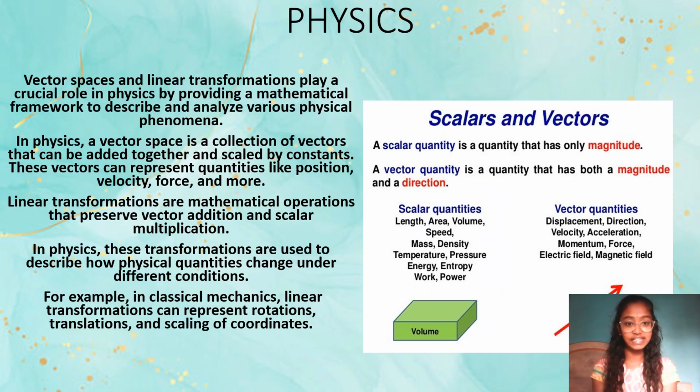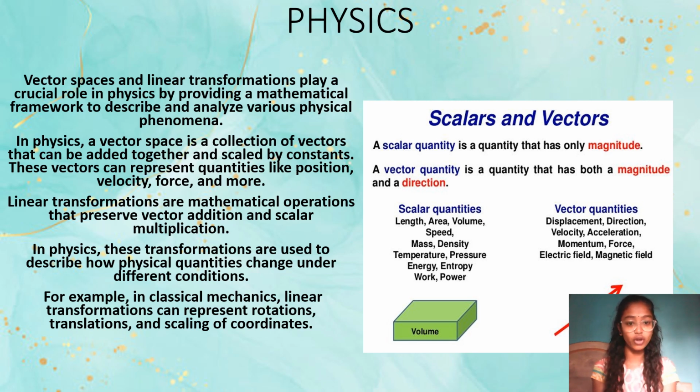And the next is physics. Vector space and linear transformation play a crucial role in physics by providing the mathematical framework to describe and analyze various physical phenomena. In physics, a vector space is a collection of vectors that can be added together and scaled by constants. These vectors can represent quantities like position, velocity, force, and more.